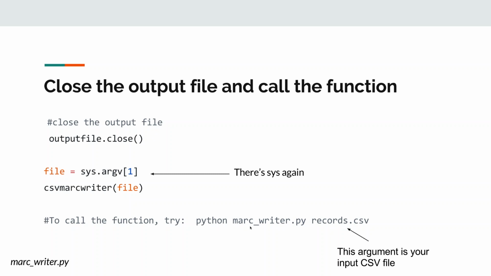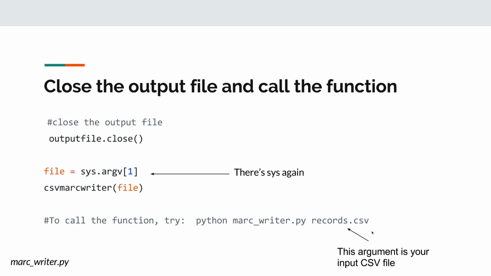Instead, when you call the script, normally you would do something like python, you would call the name of the script, markwriter.py, and then you're done, you just run it. But in this case, to actually call the function within the file and tell your function which file to act on, you run python markwriter.py, and then a space, and then the name of your input file.